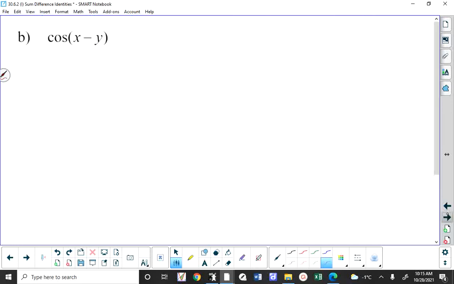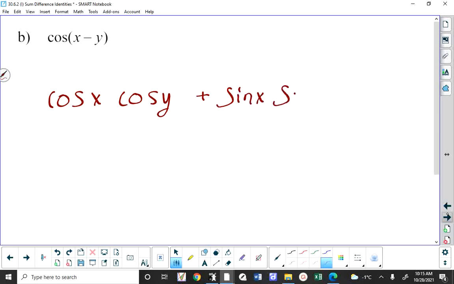Okay, so how are we going to do this? Well, this is cosine of x, cosine of y, plus sine of x, sine of y. I'm going to stick my neck out and just go by memory here. But I need you to follow along carefully and let me know if I'm right.